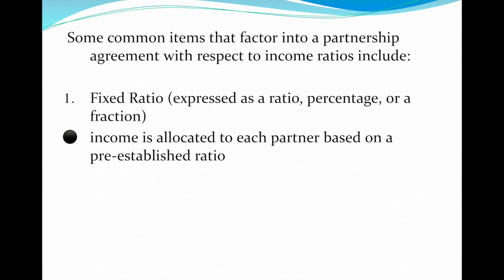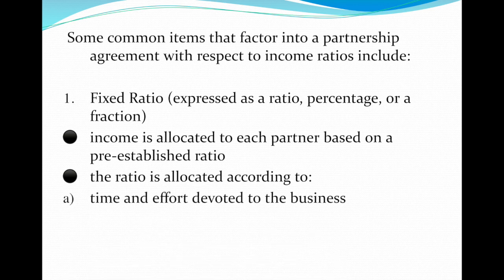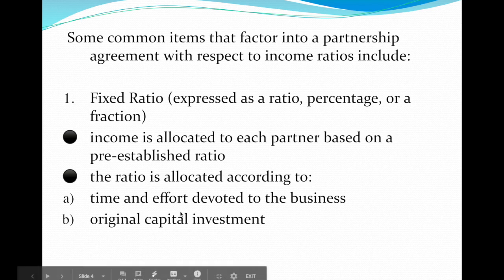One partner gets 60%, one partner gets 40%, and it's usually decided based on what they bring to the table. The ratio is established when the partner agreement is signed. So this is what I was talking about, if someone brings cash and a building and expertise. That's all capital investment, by the way, except for the expertise.